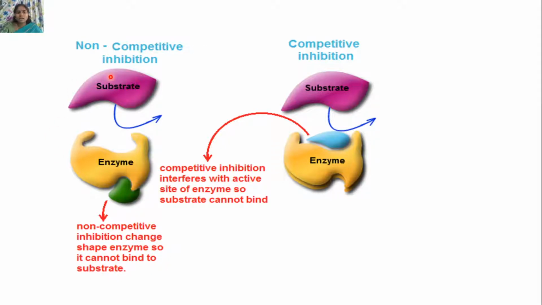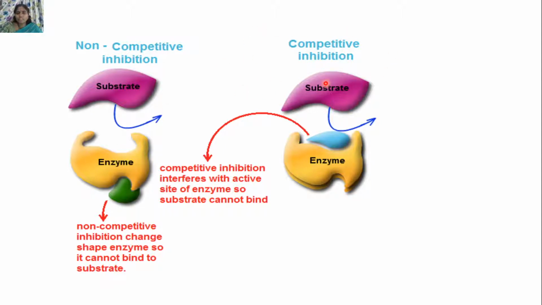There is an active site where the substrate can bind, but the inhibitor binds at the other site on the enzyme. When it binds, the shape of the active site where the substrate binds changes. So the substrate cannot bind, and the rate of reaction decreases. That is called non-competitive inhibition. Here the other site is also called the allosite.